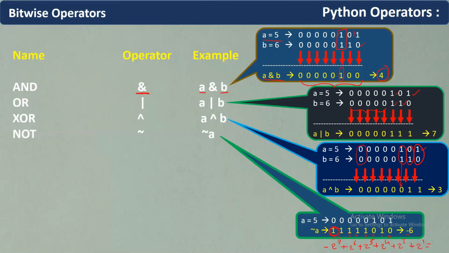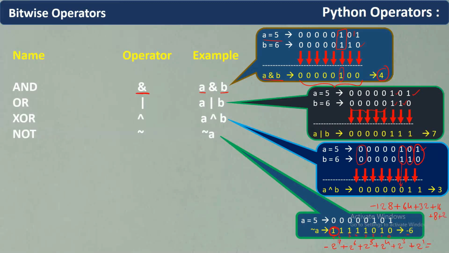Now if you calculate, minus 2 power 7 is minus 128. So take minus 128 plus 2 power 6 is 64, 2 power 5 is 32, 16, and 8, so 64, 32, 16, 8 and plus 2.